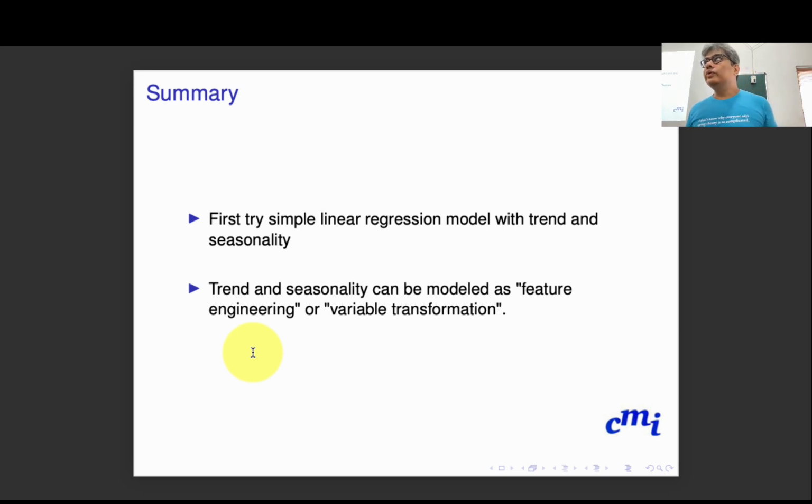If the residuals are not IID, that means there is still some information, some signal, left in the residuals which is not modeled by simple trend and seasonality. That residual is typically called the detrended time series.